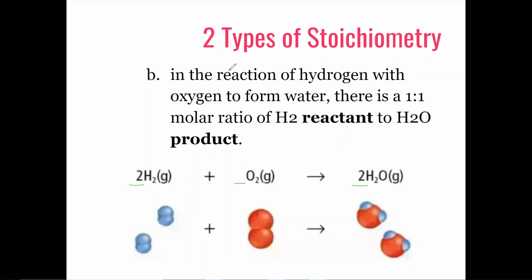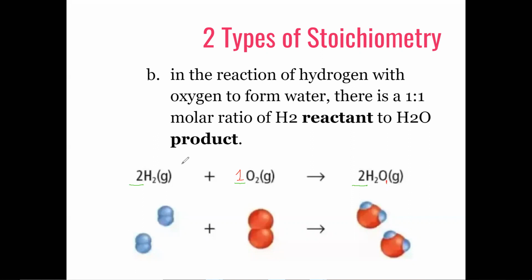Now, some of you might be going, but Miss Seiler, there's no number in front of oxygen. No, but when there's not a number, it's just like there's a number 1 there. So that blank space is an implied 1, just like before, wow, there's an implied 1 right there as well.